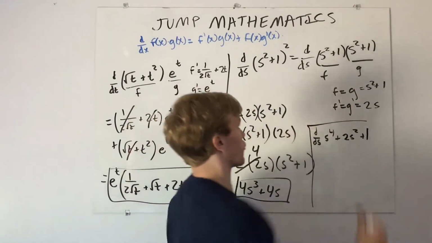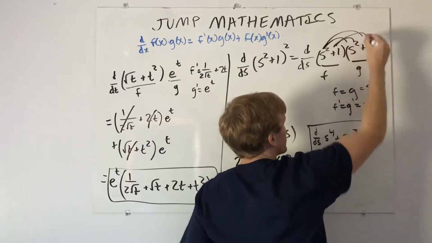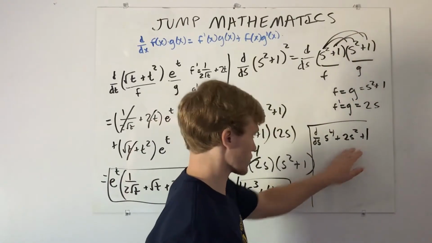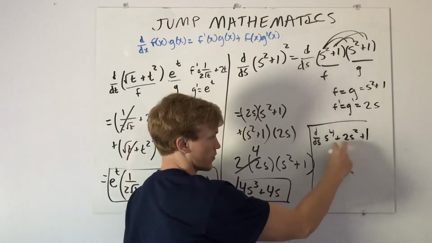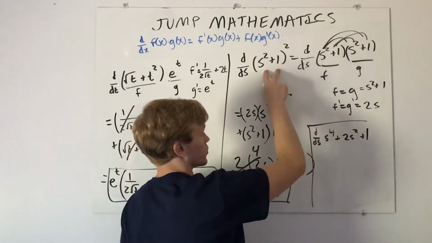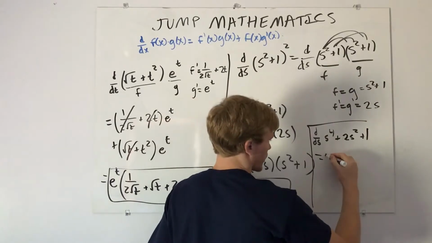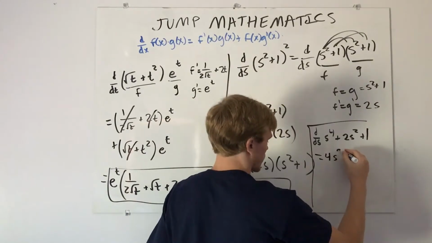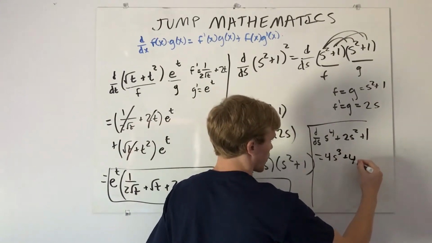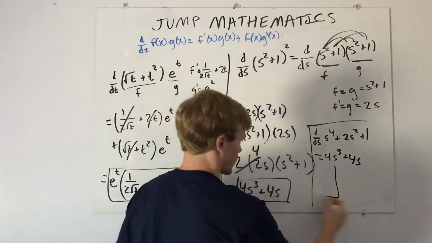So what we did was we FOILed this out and just rewrote it down here. So let's calculate the derivative of this. This is just a polynomial, so we can differentiate it as 4s cubed plus 4s. Hey, look at that, it's the same.